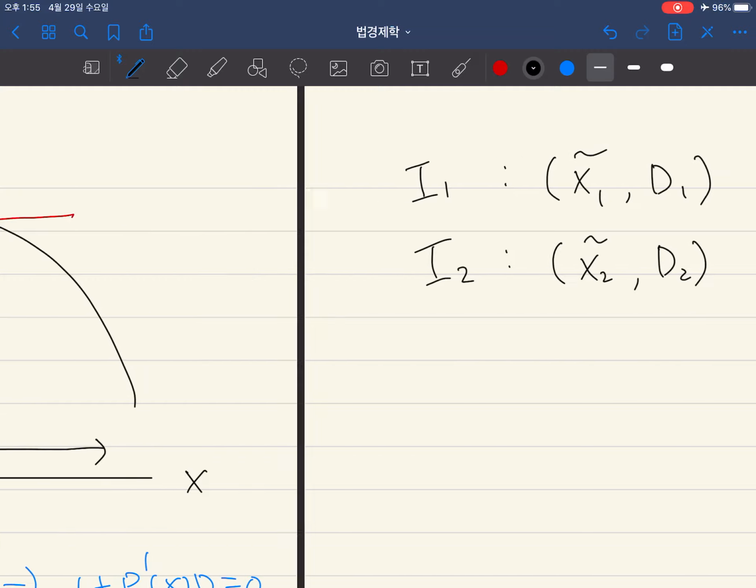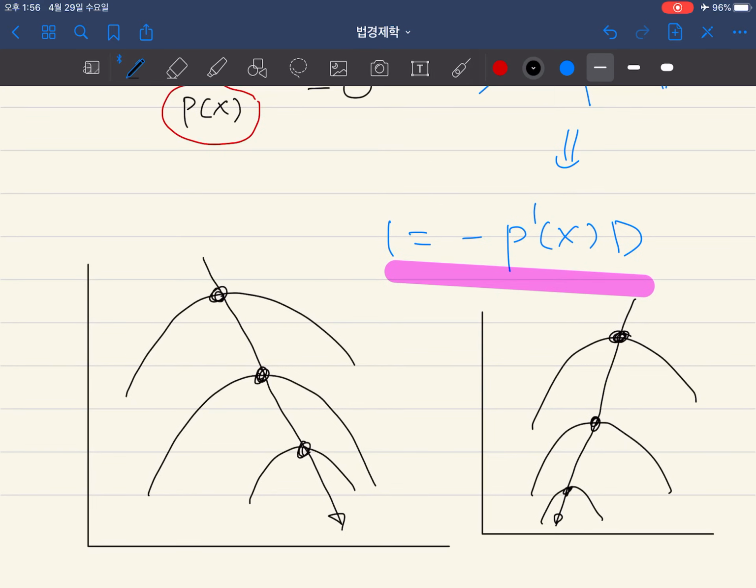So using our previous graph, suppose isocost number 1 has a max at x1 tilde and d1, and isocost number 2 has a max at x2 tilde and d2.